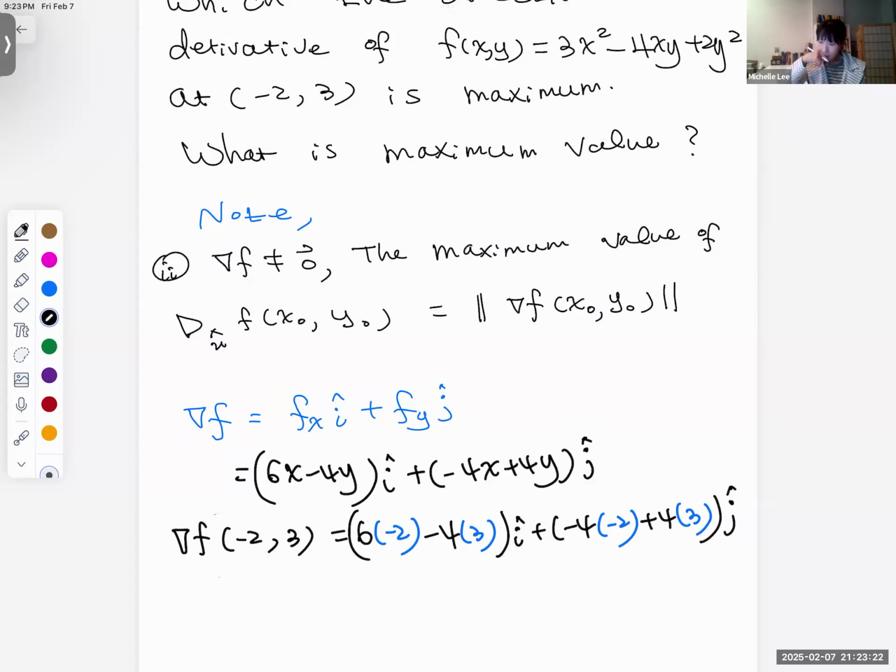Okay, so what do you get? Negative 24 i hat plus 20 j hat, right?